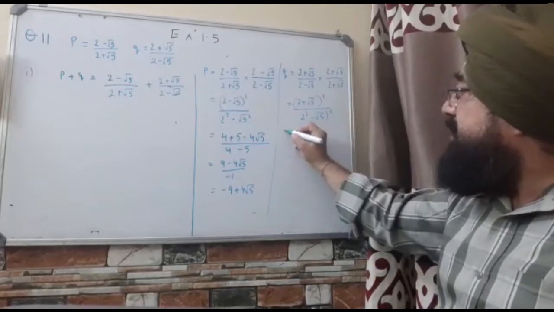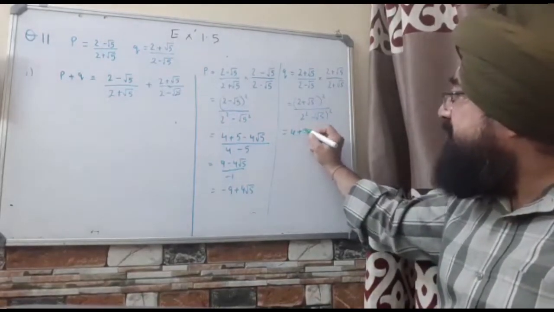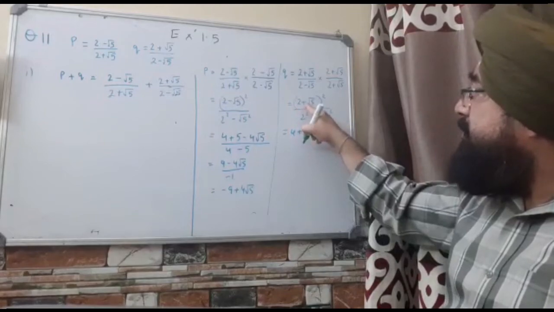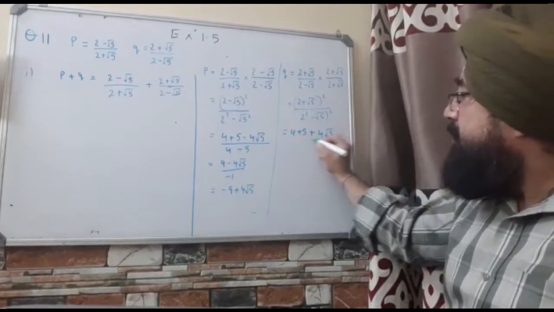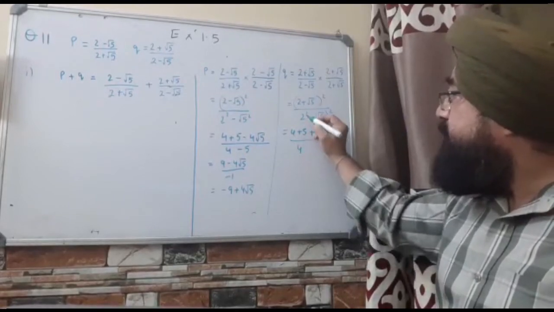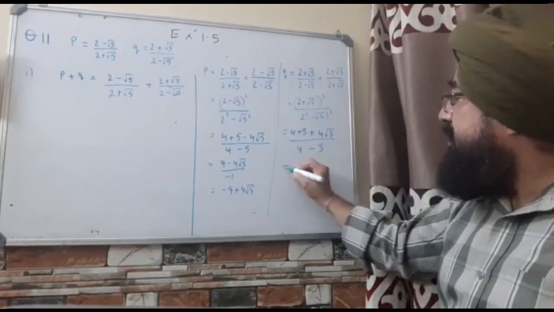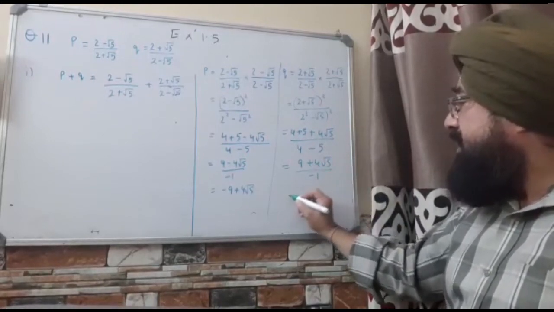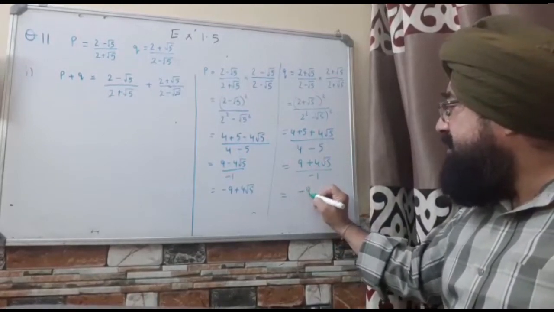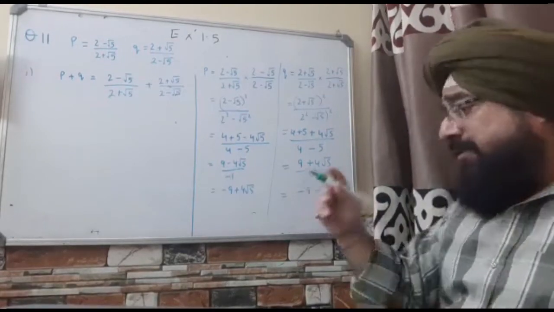So this becomes 4 plus 5 plus, this time, because (a plus b) whole square is a square plus b square plus 2ab, 4 root 5 over 4 minus 5. Therefore this becomes (9 plus 4 root 5) over minus 1, and that becomes minus 9 minus 4 root 5.